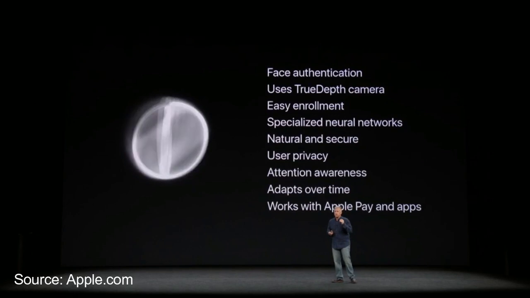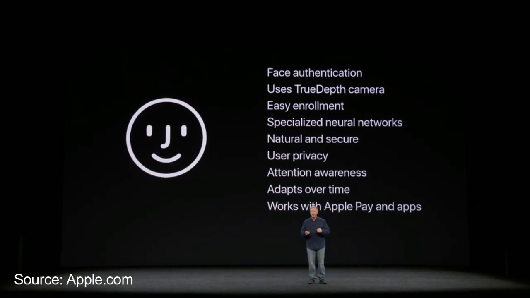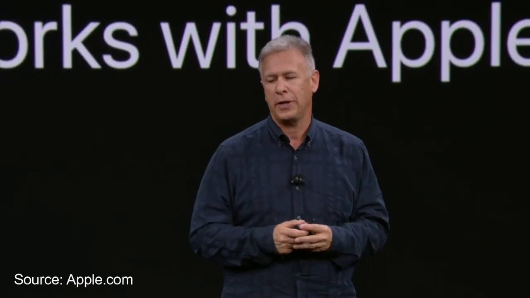So Face ID, it's face authentication for unlocking your iPhone and protecting your sensitive data. It uses the innovative True Depth camera system. It's trained with neural networks. It's easy to set up. It learns your face, and it adapts to your face over time. It's aware of your attention. It works with Apple Pay, and it works with third-party apps.